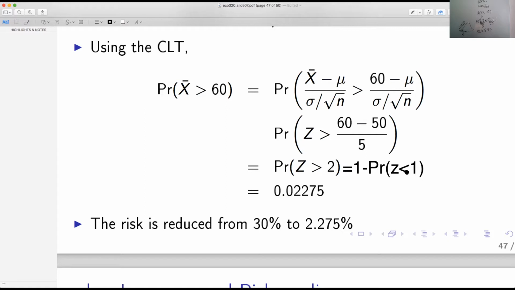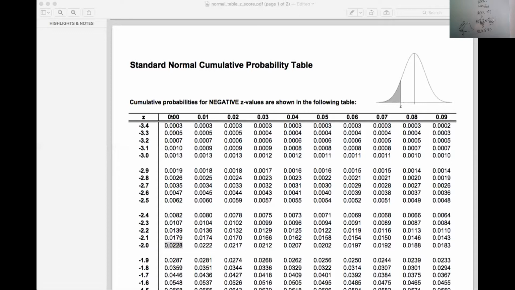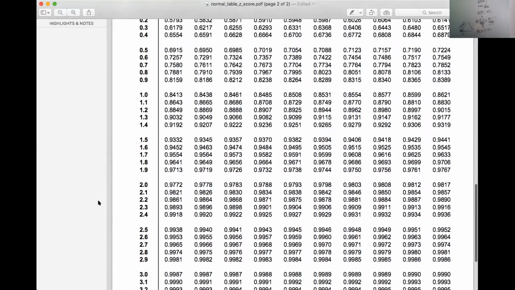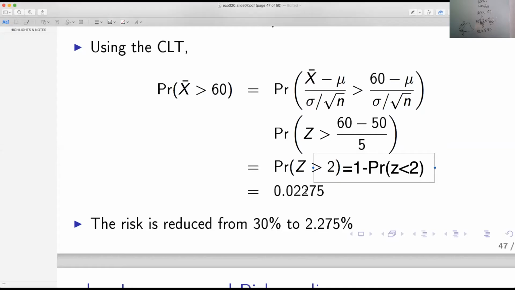So using the normal distribution table, let's go to 2. That would be here: 0.9772. In other words, if you subtract that from 1, that is what you are looking for. Okay, so this is how you get that.